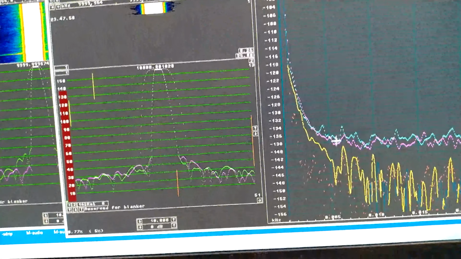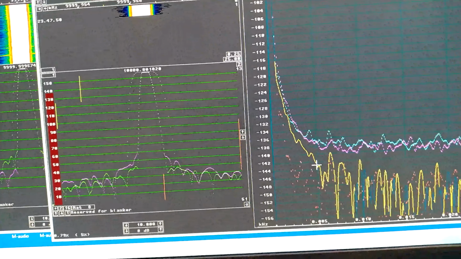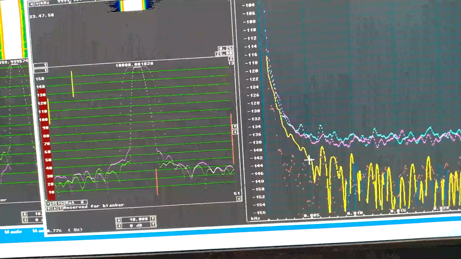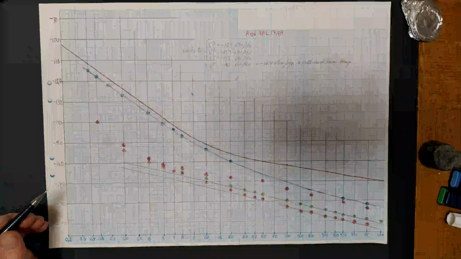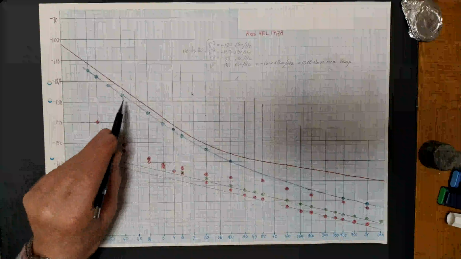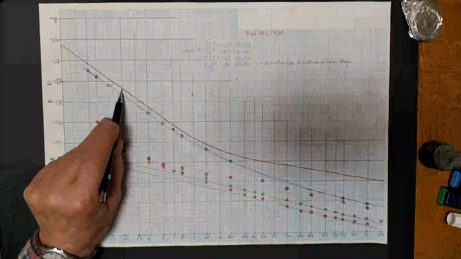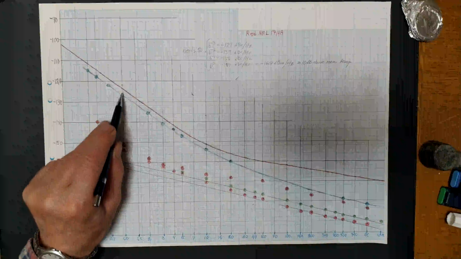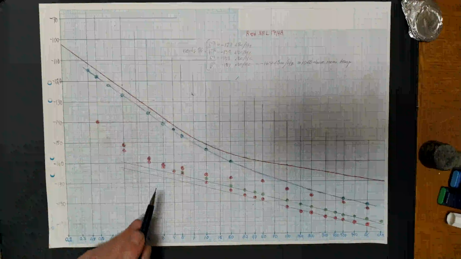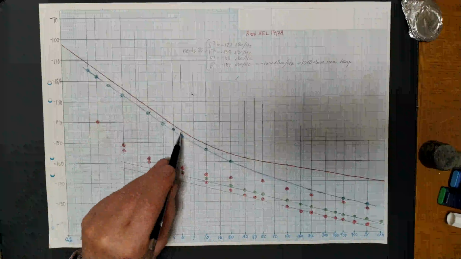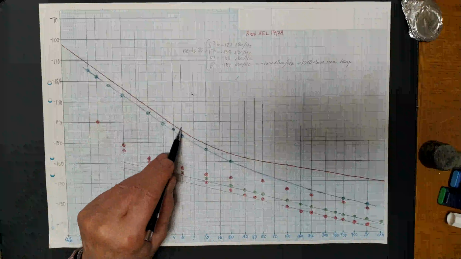Maybe, we will see. But at 5 Hz I have already minus 143 after 1 minute. Minus 124 at 1 Hz. It's here. It's about 3 decibels of degradation compared to what I've seen before with this unit. And at 5 Hz, minus 143, that's here.